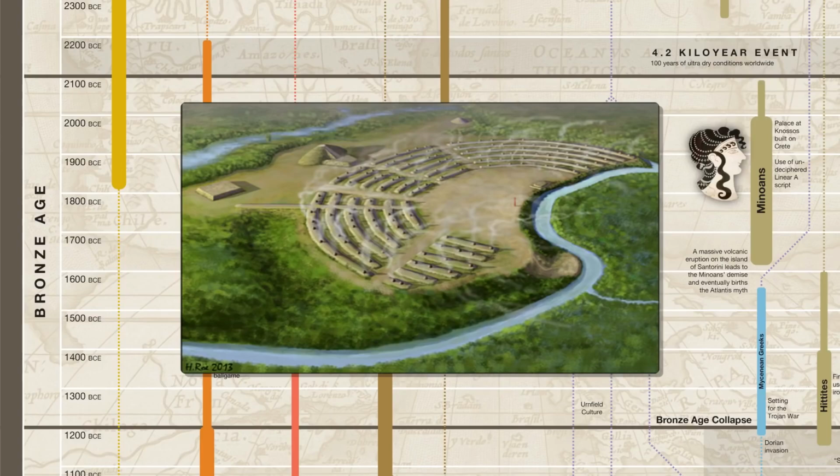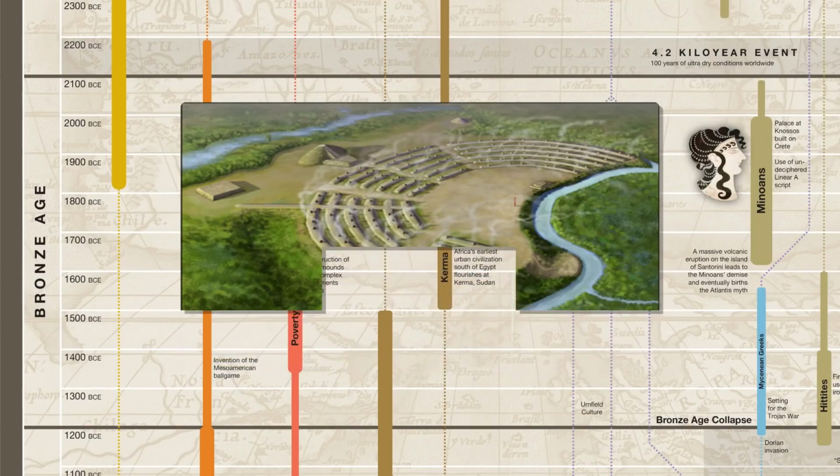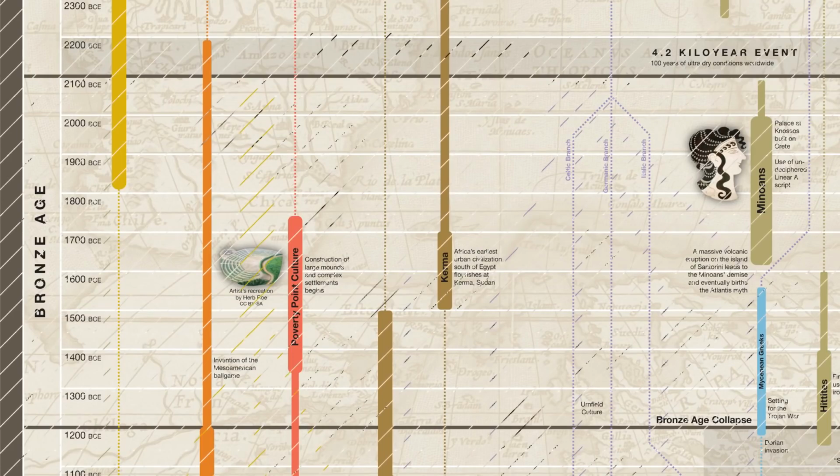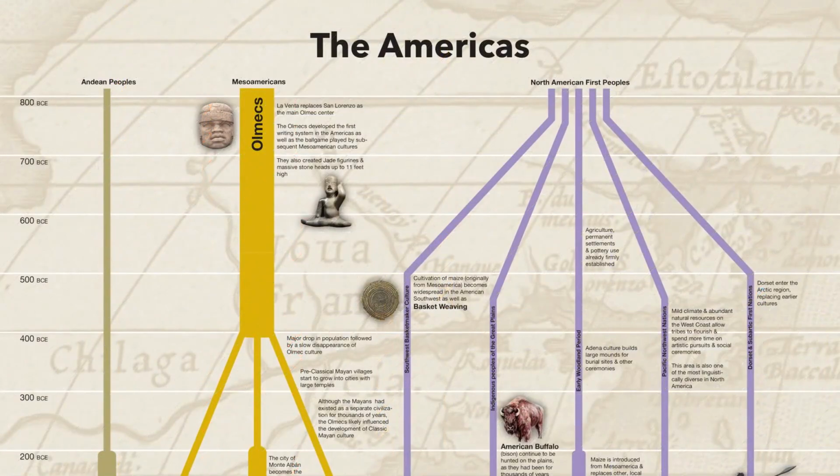These large mounds were likely built over time and served a variety of purposes, including a place to bury important people, a location for housing, and possibly a focal point for religious ceremonies. But whatever their exact purpose, the mounds at Poverty Point certainly point to the existence of some sort of advanced civilization. Okay, let's now return to the year 800 BCE.